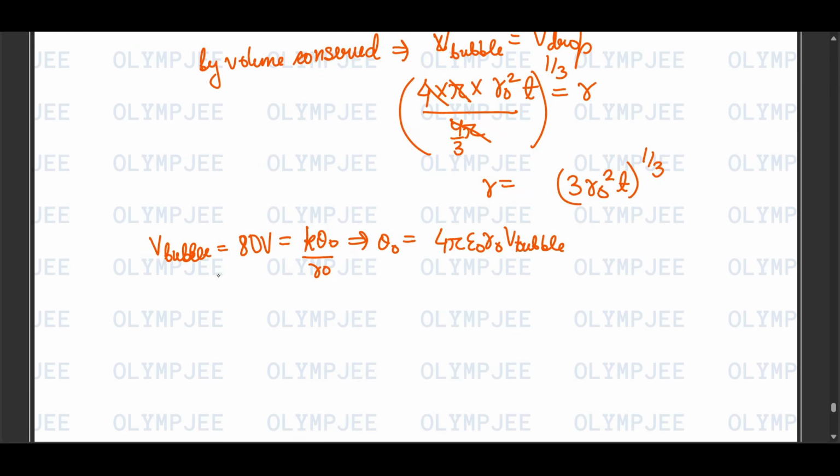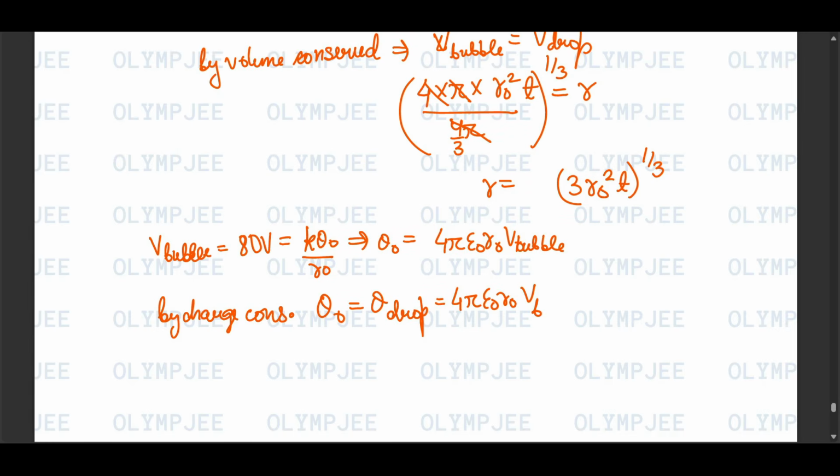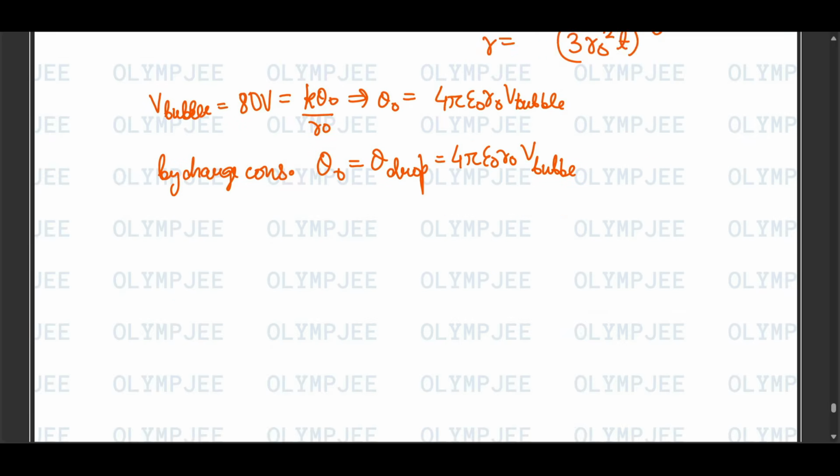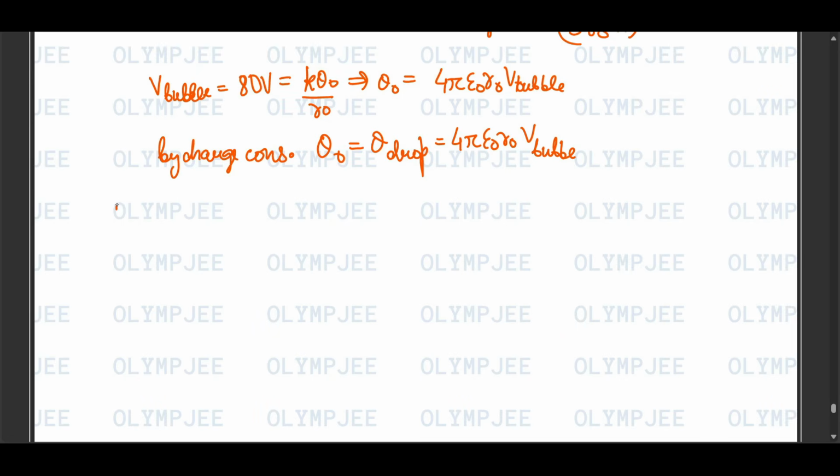So by charge conservation, q naught is equal to q of drop is equal to this much. This is potential. Don't get confused that it is volume. So I'm writing this as v naught only.